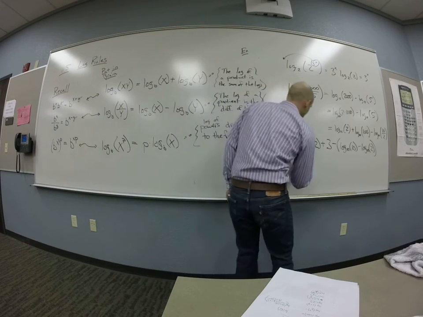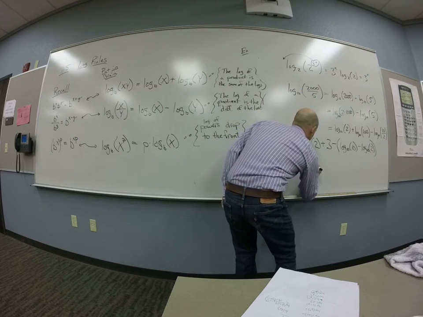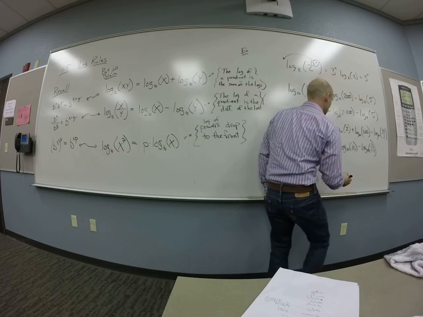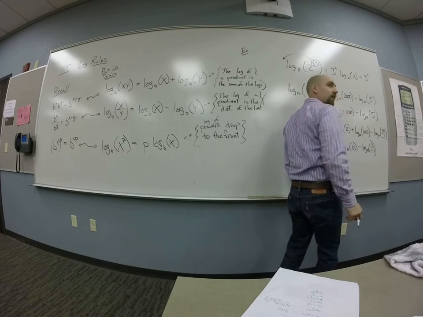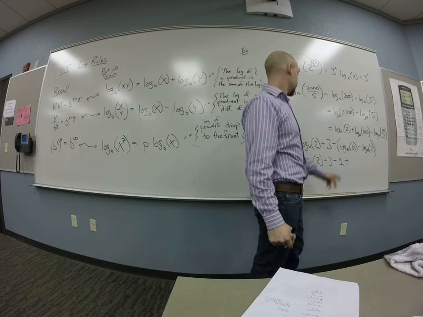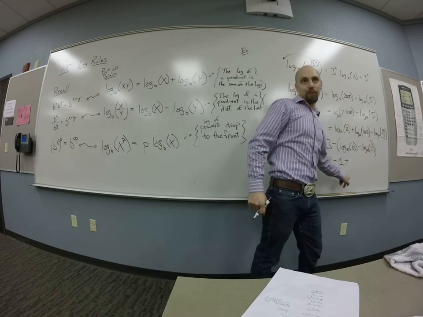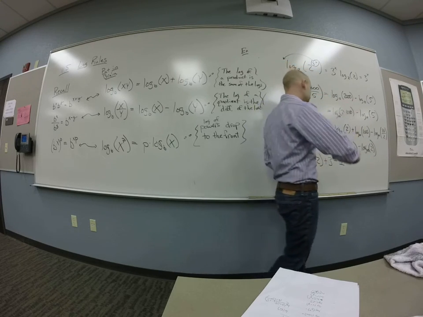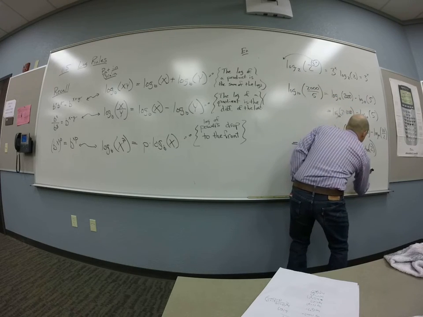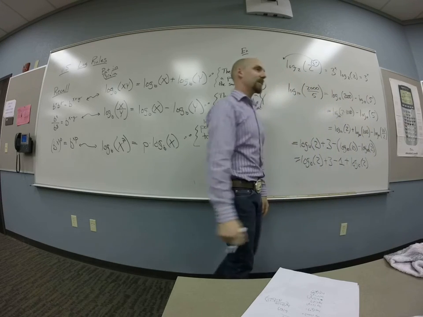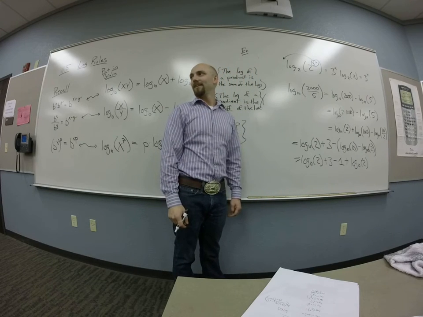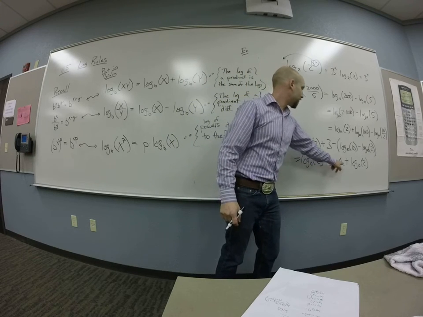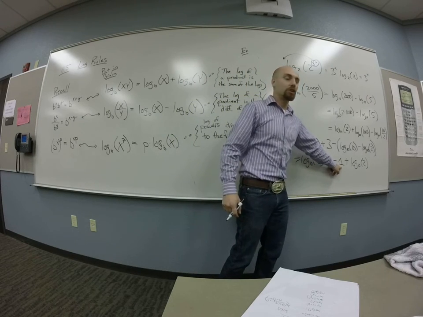So I could distribute a little bit. I could get log base 10 of 2 plus 3 minus 1 plus, minus is plus. What am I getting? Log base 10 of 2. You guys see that? So 3 minus log base 10 of 10, so I've got 3 minus 1 is 2, right?